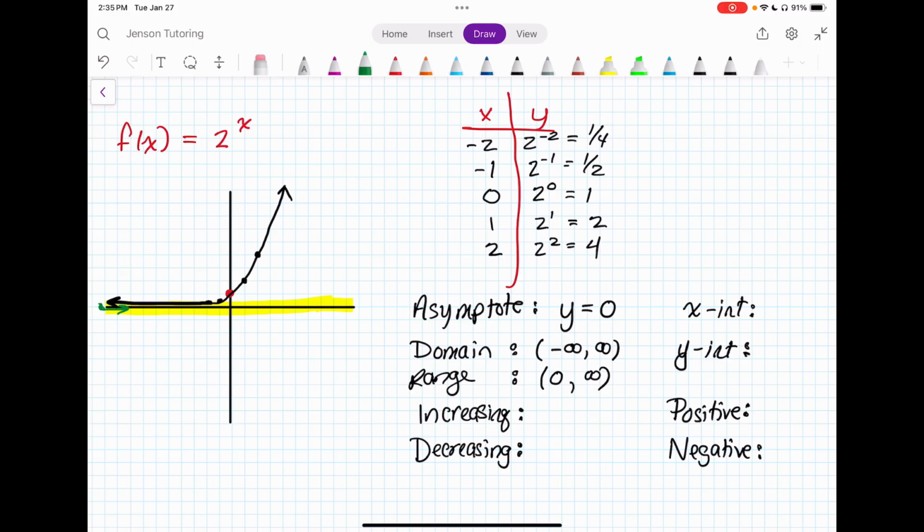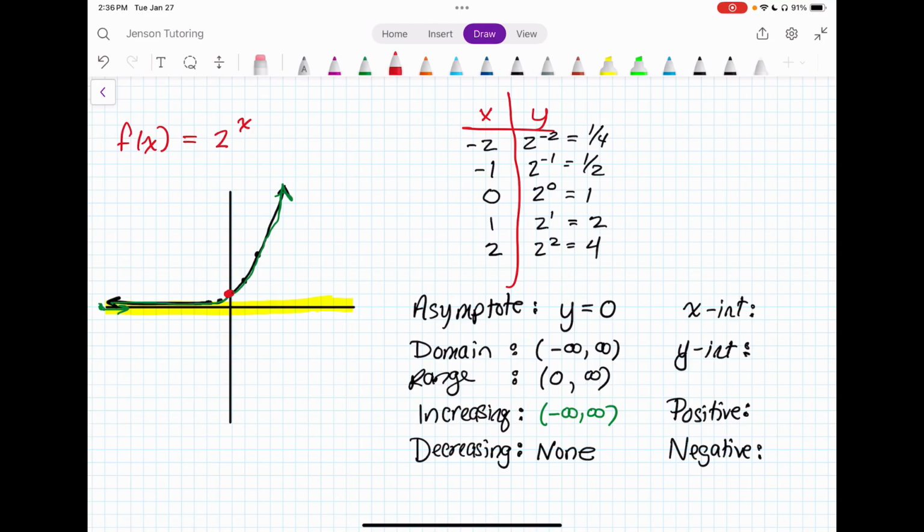Well, in this case, it's getting slightly bigger, slightly bigger, slightly bigger. And then of course it's continuing to increase up here. So the graph is actually increasing for all possible values. So it's all real numbers. And then where is it decreasing? It's not decreasing anywhere. So we would just say none.